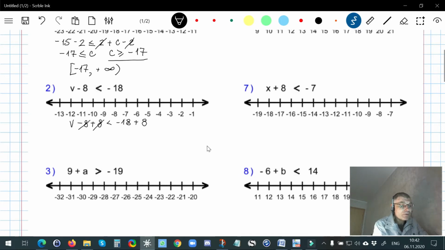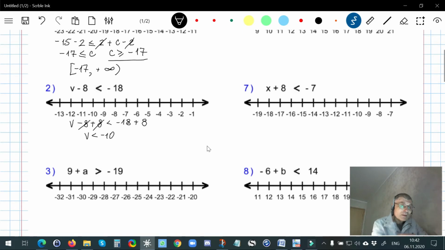The 8 cancels here, and we have achieved our goal. We have isolated v. Here we have to calculate negative 18 plus positive 8, which gives us negative 10. So v is less than negative 10. What we got here is set builder notation. We don't have to do anything else.